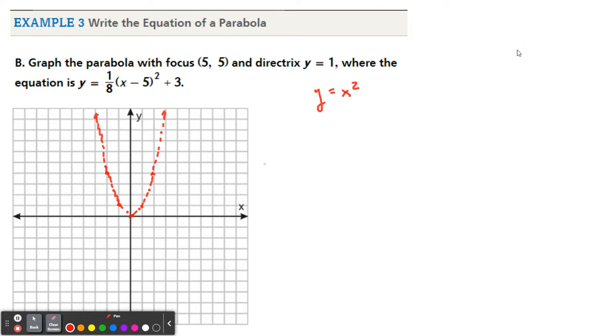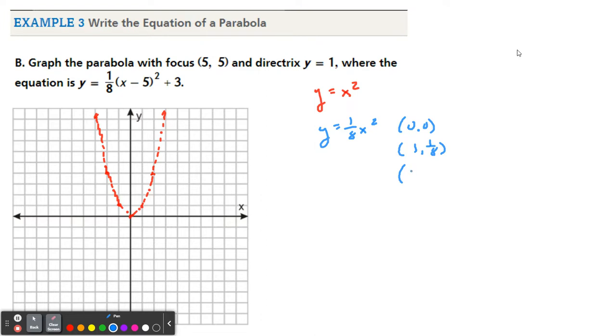Okay, so now I'm going to change colors, and in blue, I'm going to graph y equals 1/8 x squared. The vertex is not going to move, so it's still 0, 0. But if I plug in 1, I get 1/8, because 1 squared is 1. So that's not very high. And this is that same graph we had graphed before. This problem was us going backwards.